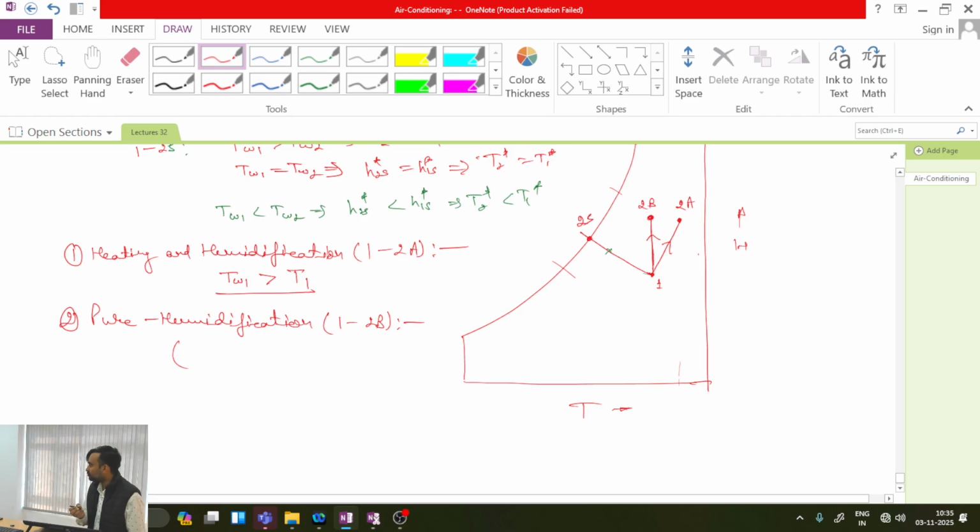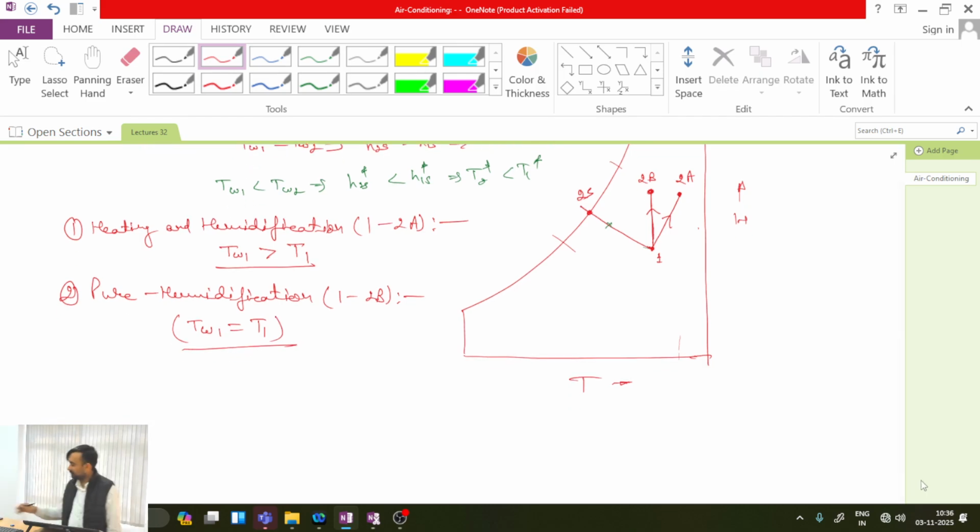Only humidification should happen. So the necessary condition is TW1 must be equal to T1. That is pure humidification. All are clear with this point or not?